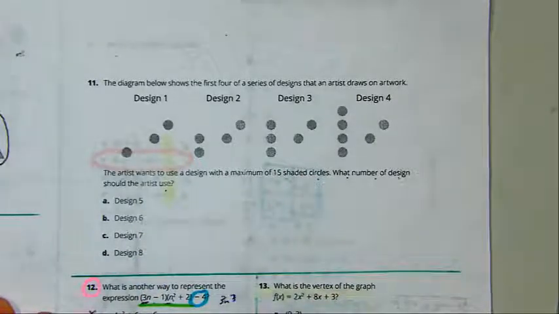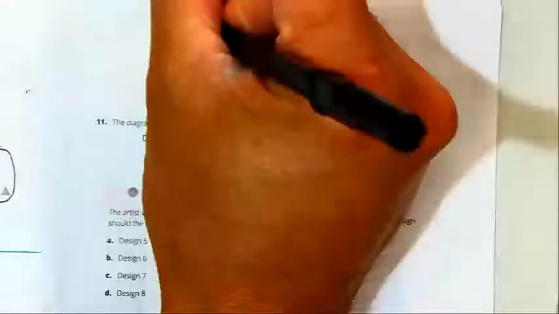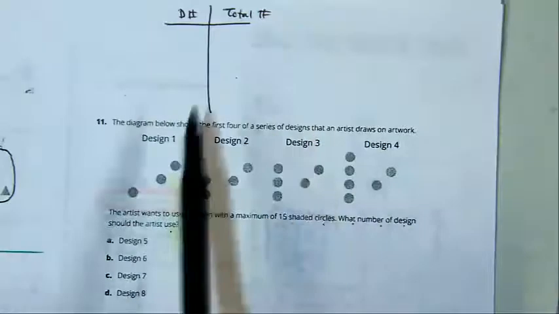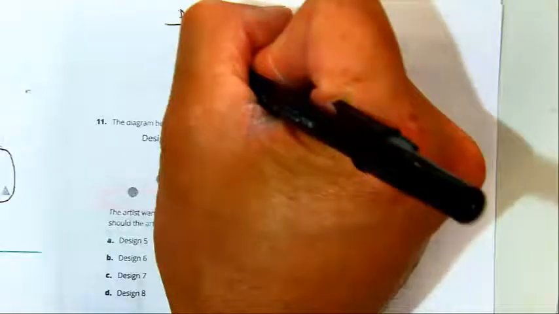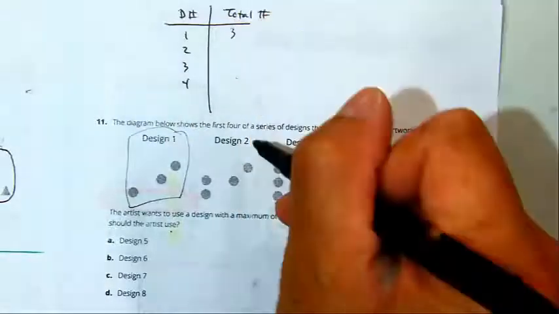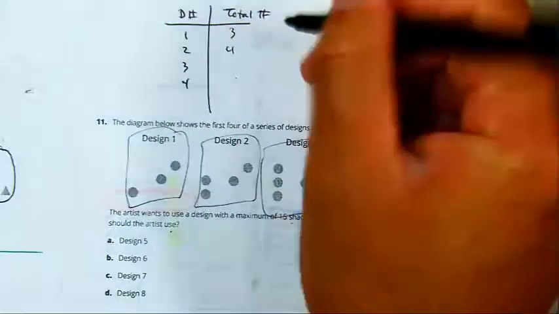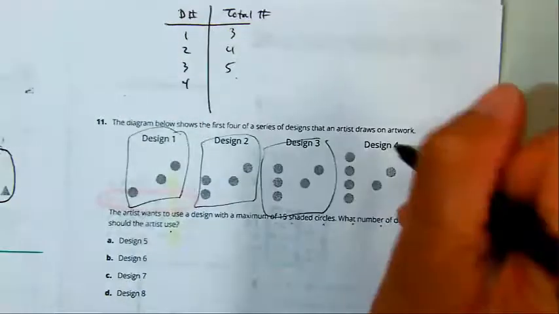Okay, so let's make a table of values. Design number, and then total number of dots, right? So I have design numbers 1, 2, 3, 4, and I have 3, 4, 5, and I have 6.